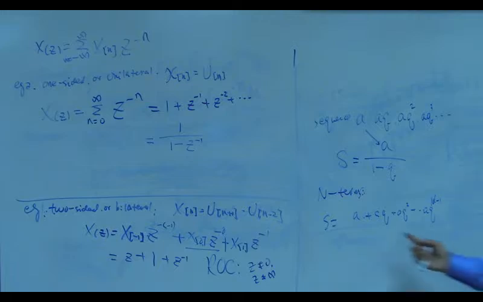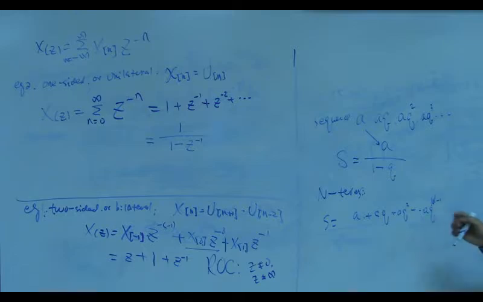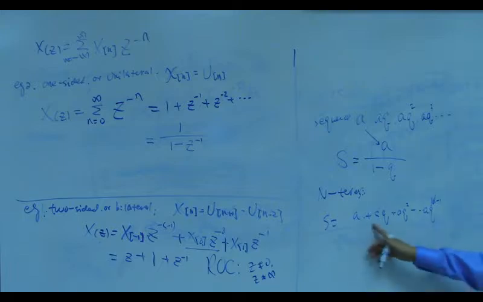This is an n-term geometric sequence. The first one equals a, the second one is aq, the next one is aq squared, and the last one is aq^(n-1). Yes or no? I want to calculate the sum, so add all this together.